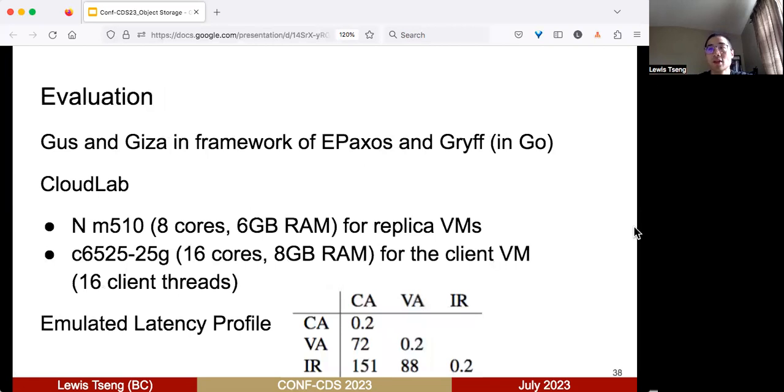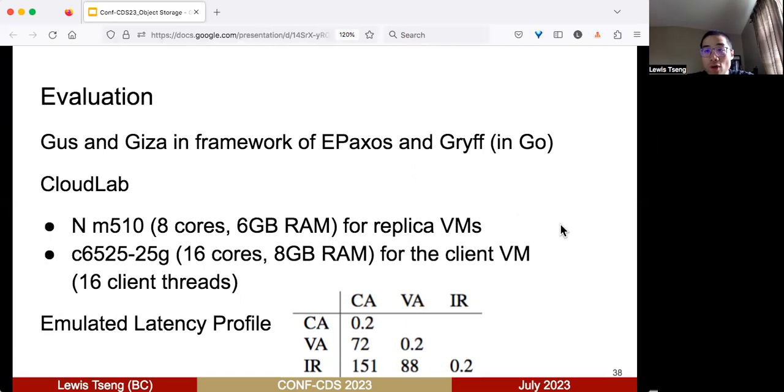So now let's look at the evaluation. We implemented GOS and our own version of Giza into the same framework as ePaxos and Grief, and it's in Go. We run our evaluation on CloudLab. This is the specification.